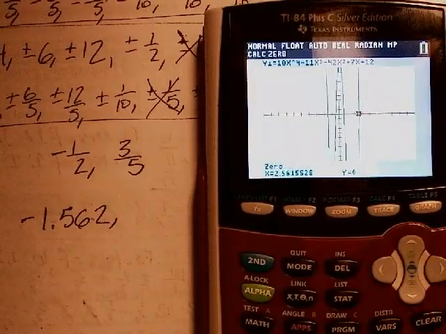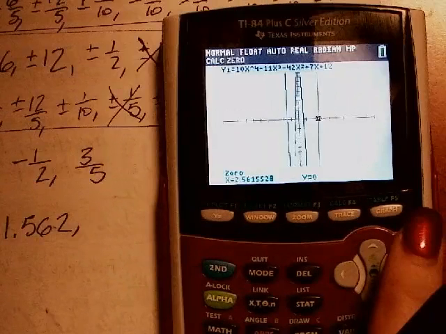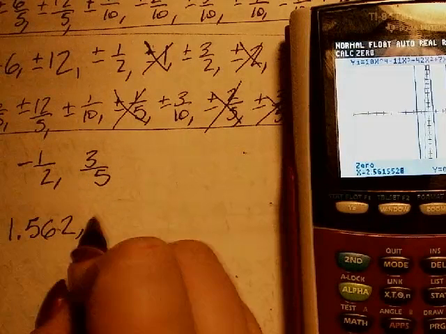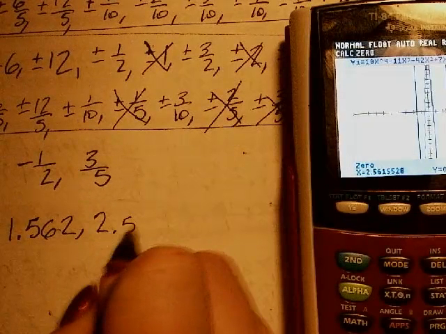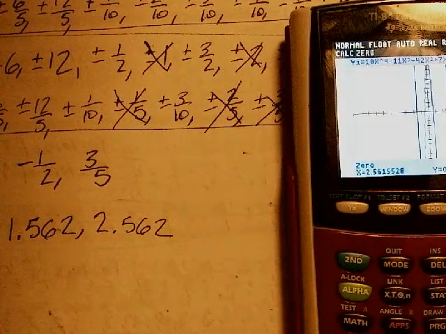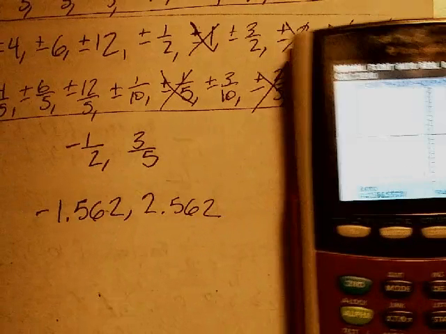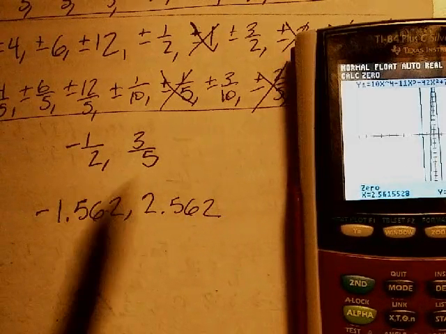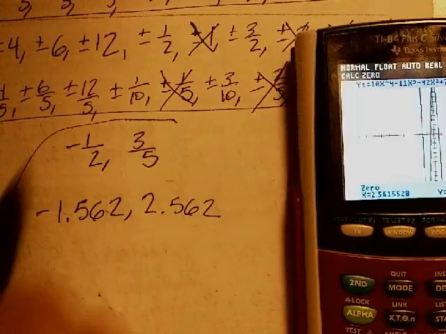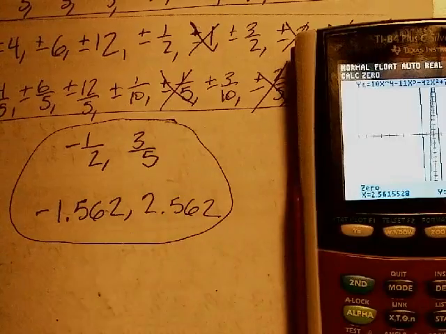Hit enter, and then it will tell me that my other 0 is at 2.562. So now I have 1, 2, 3, 4 answers. 2 of them are rational and 2 of them are not. But we got all 4.